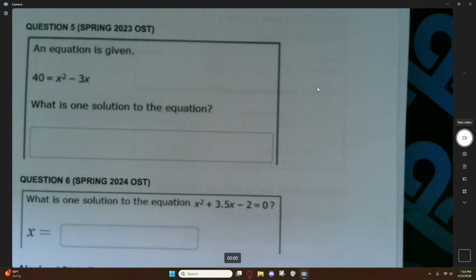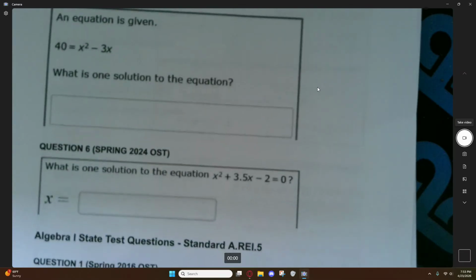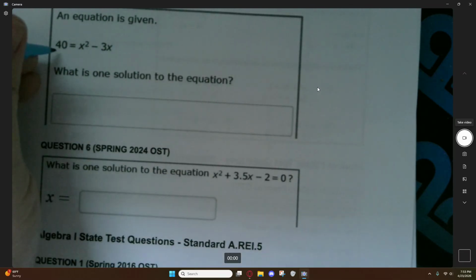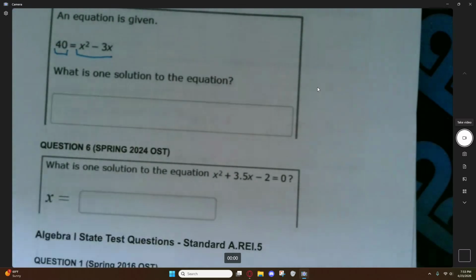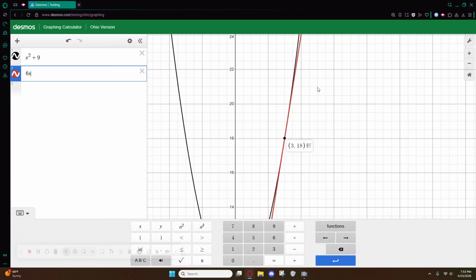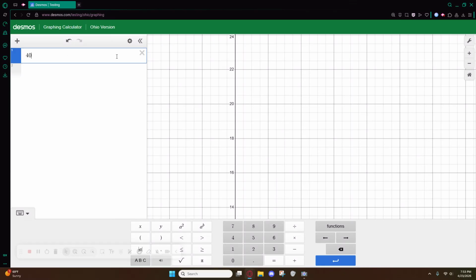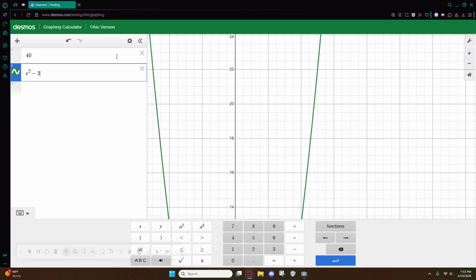So we go to our next question, question 5. The equation is given. What is one solution to the equation? 40 equals x squared minus 3x. Plot this, find where they cross. So, 40 equals, new line, x squared minus 3x.